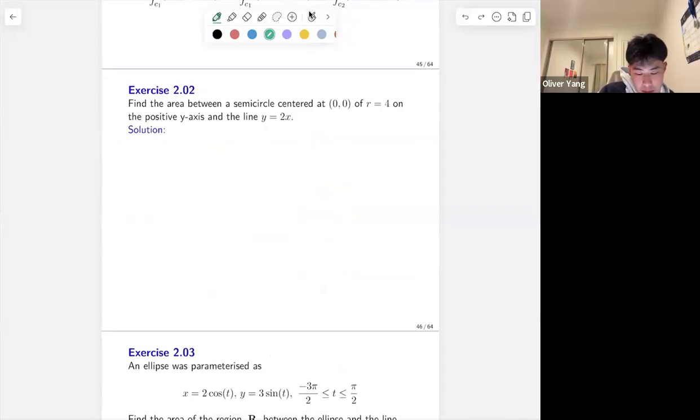Find the area between the semicircle centered at (0, 0) with radius 4 on the positive y-axis and the line y equals 2x. So a semicircle at the origin, what's the function for that? Does anybody know?